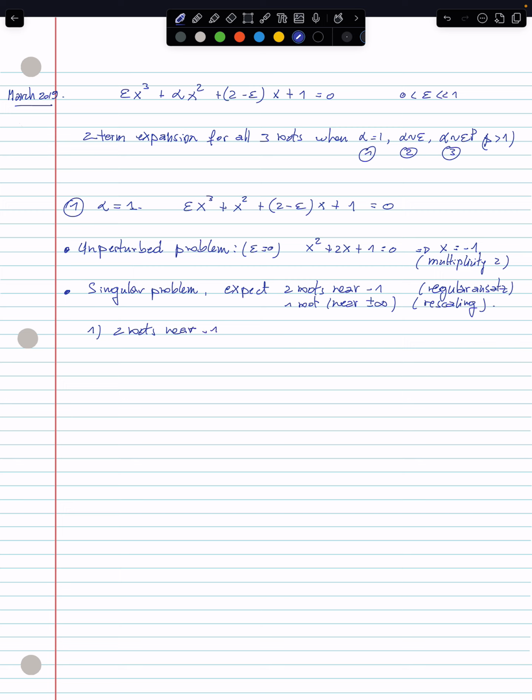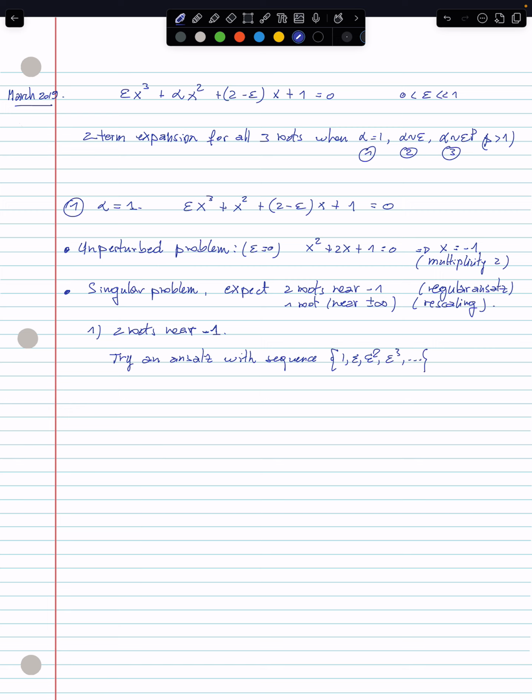And as I was explaining before, it doesn't hurt too much to start with a regular sequence. Try an ansatz with a sequence in the basis like epsilon, epsilon squared, epsilon to the third, and so on.